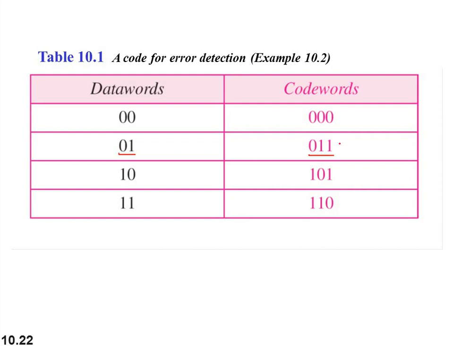So in this table, is this code available? Yes, this code is available, so this is a valid code, and the data received is 01. So the code received is 011 and the data received is 01, so both are valid.